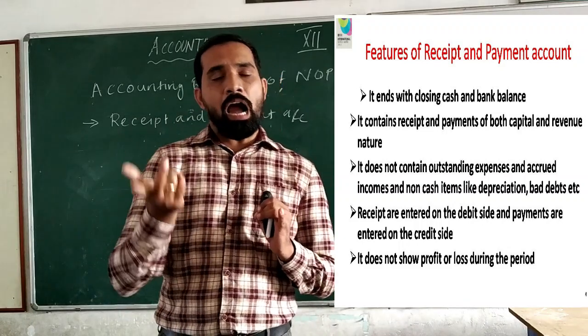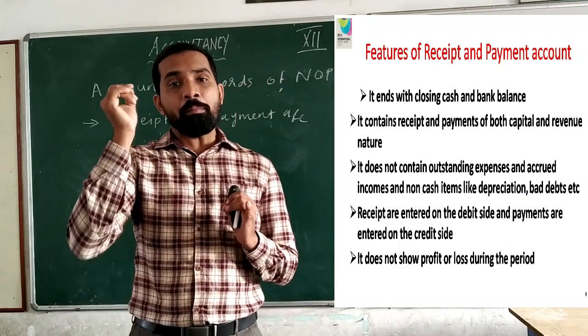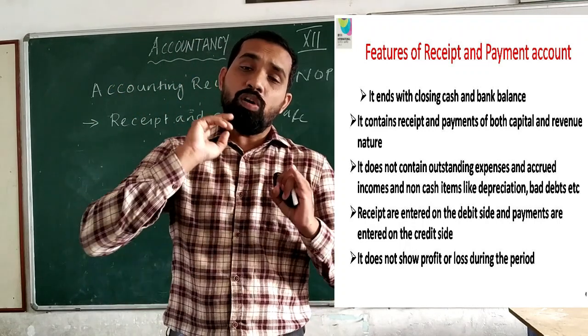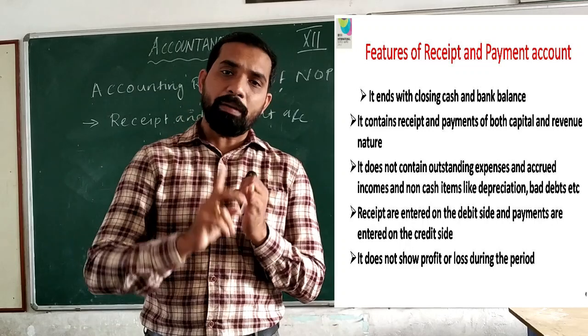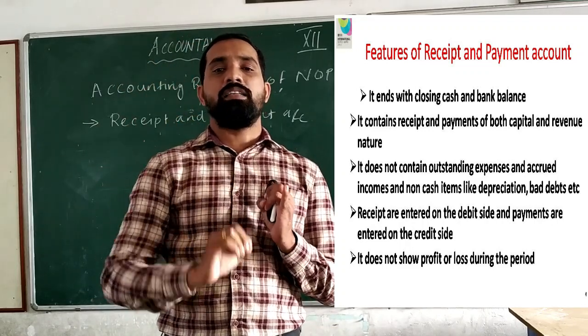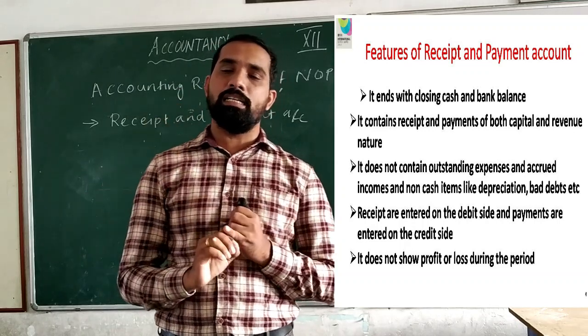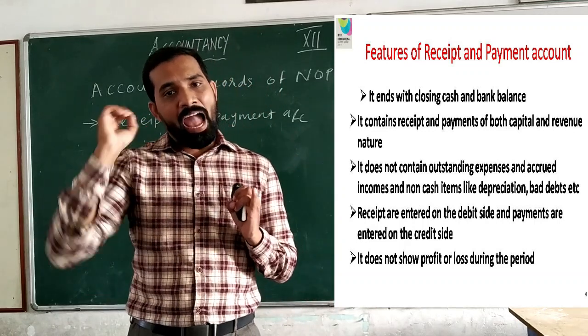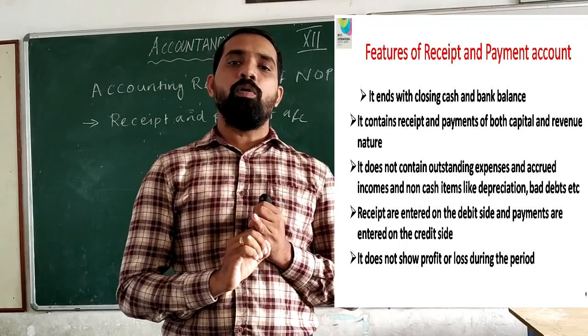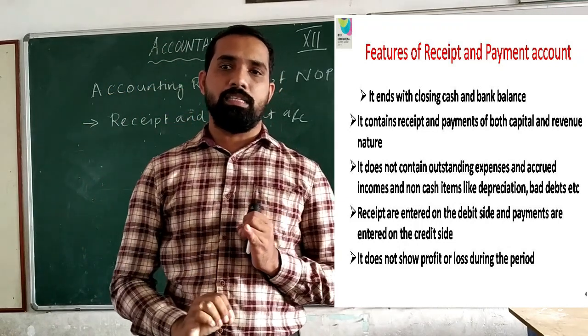What do you mean by accrued income? Income earned but not received. Then what is depreciation? Depreciation means decrease in the value of assets due to wear and tear. Then what do you mean by bad debt? Bad debt means any irrecoverable portion of sundry debtors.